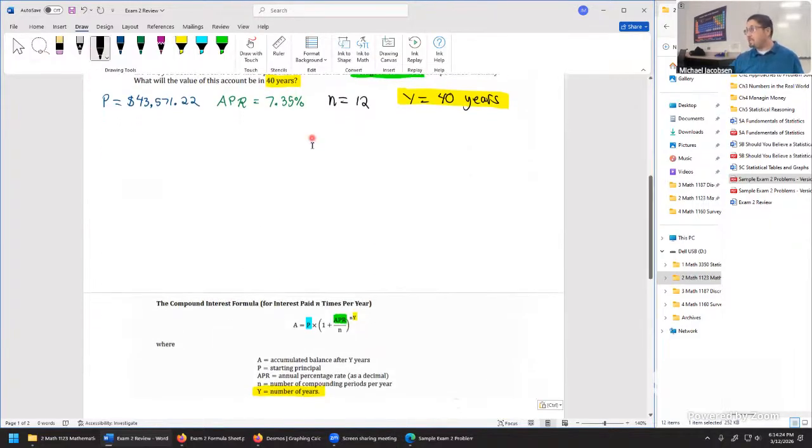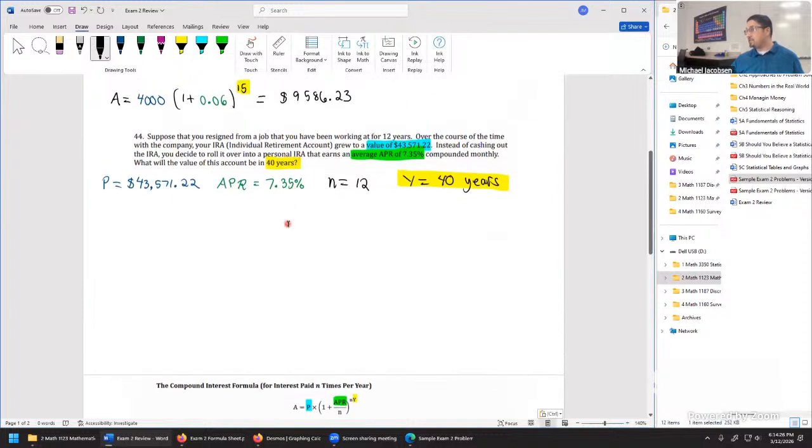So we'll say next, the amount in 40 years is going to be the starting principal, 43,571.22, multiplying the group, 1 plus APR. Here we need to be cautious, change this over to a decimal, 0.0735.